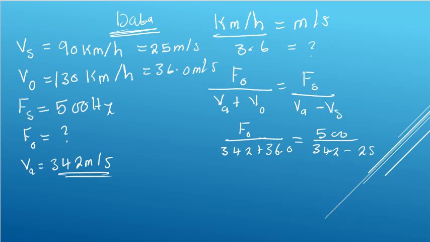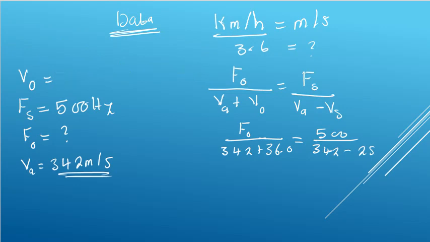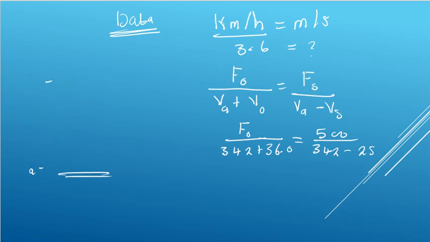Let me try to clear my board. Now, we're going to have FO over, this is 342 plus 36, this is going to be 378, equal to 500 over 342 minus 25, and of course we get 317.